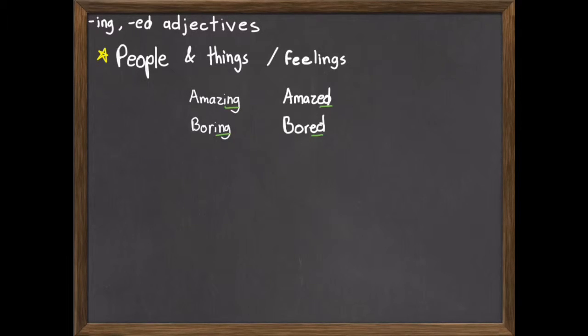And if you don't like the museum and you go to the museum, you might get bored. That's a feeling, and it's also an adjective. You're bored. I'm bored. I'm amazed. Now, there are lots of different words that follow this rule.